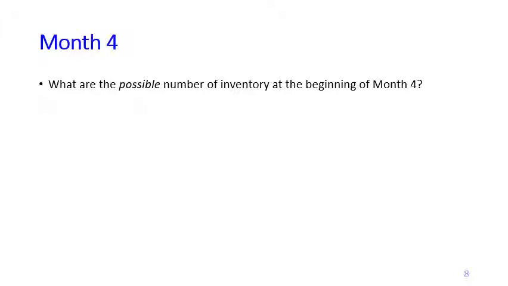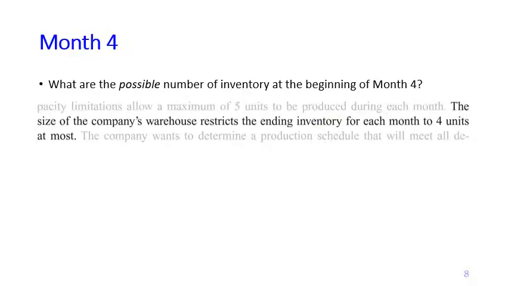So if we go back to the problem, we see that there is a restriction saying that at the end of any month, we can store at most 4 units. It means that at the beginning of month 4, the possible number of inventory that we see is between 0 to 4, including 0, including 4. Because it is possible that we see 4 items at the beginning of month 4, because that is the maximum capacity of the warehouse.